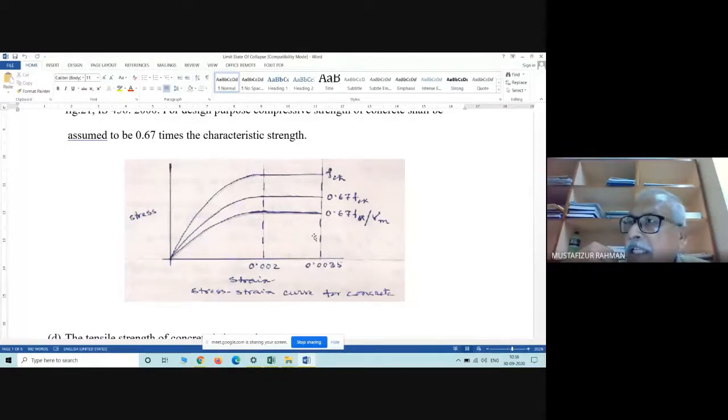Whatever curve I had drawn here is available in IS 456 also, and whatever assumption we are now discussing is simply reproduced from IS 456, which we kept here for discussions.